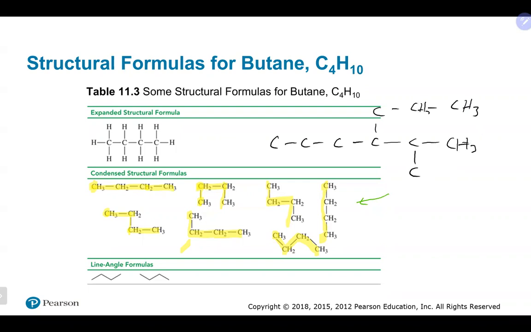So let's do this one. You take a look and decide what is the longest carbon chain here that is a continuous carbon chain. You want to try all your options. I guess I should put an H3 on that guy there.